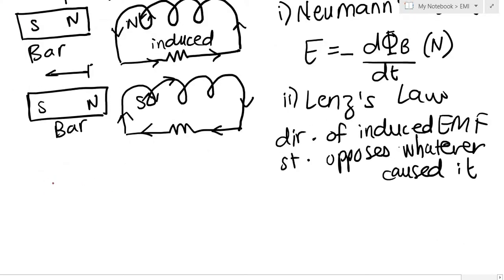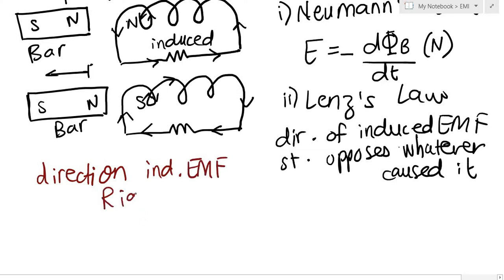Now, one question you may ask: we know the magnitude, but how do we find the direction in more dynamic scenarios? So the direction of the induced EMF you can know by using Fleming's right hand rule.